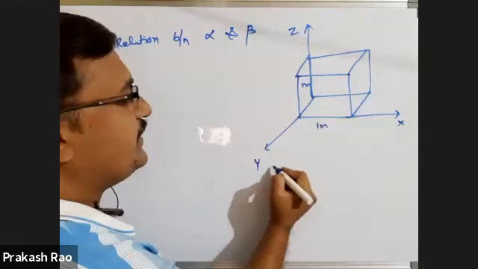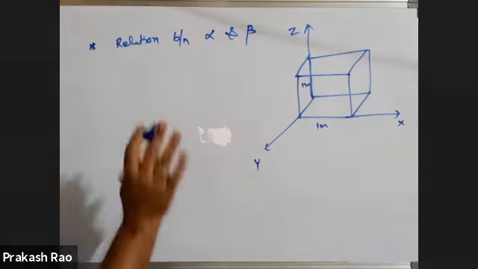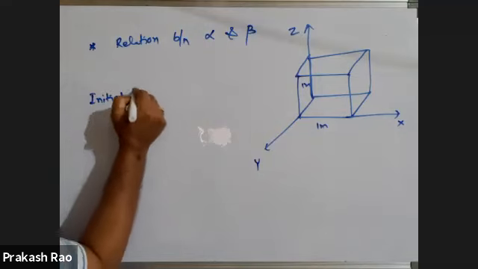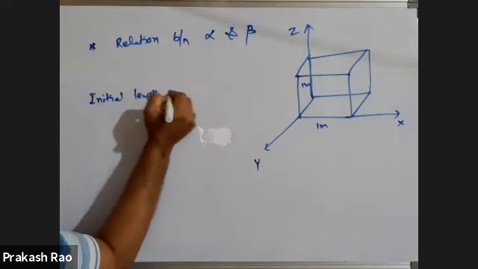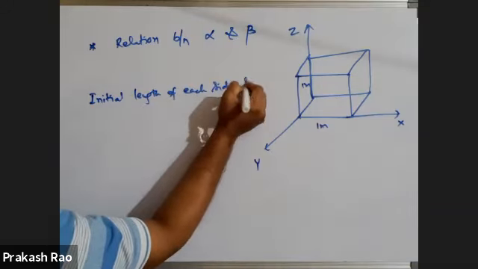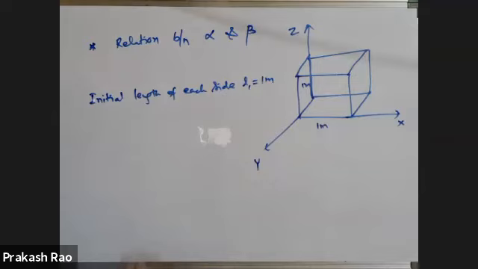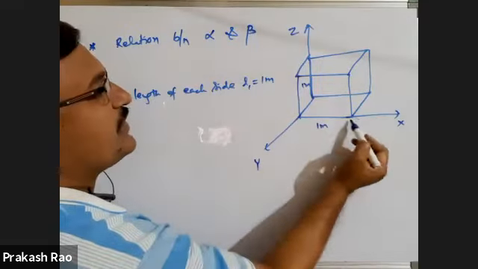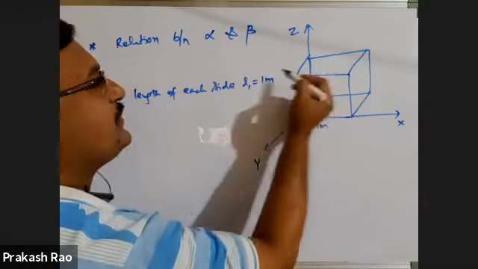Then what is the initial length of each side? The initial length of each side is 1 meter, because this side is 1 meter, this side is 1 meter, this side is 1 meter.